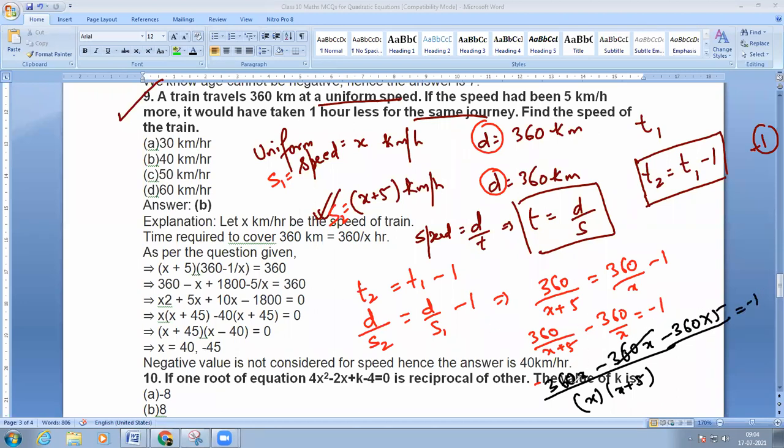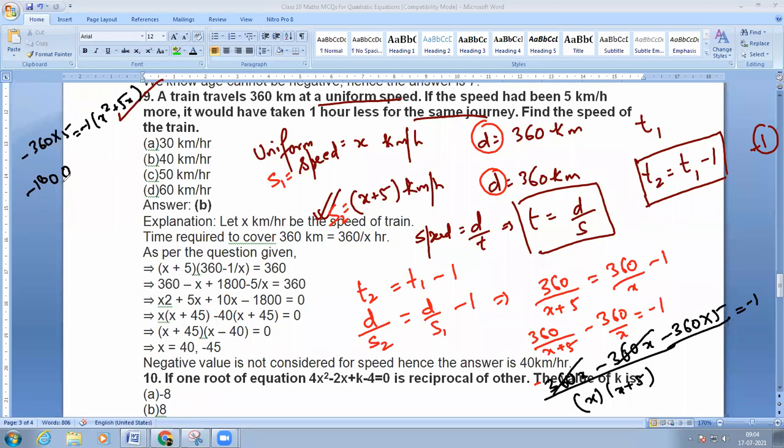So 360x and 360x will cancel out. So we are left with minus of 360 into 5 is equal to minus 1 into x square plus 5x. So 5 zeros are 0, 5 sixes are 30, 5 threes are 15, 1800.